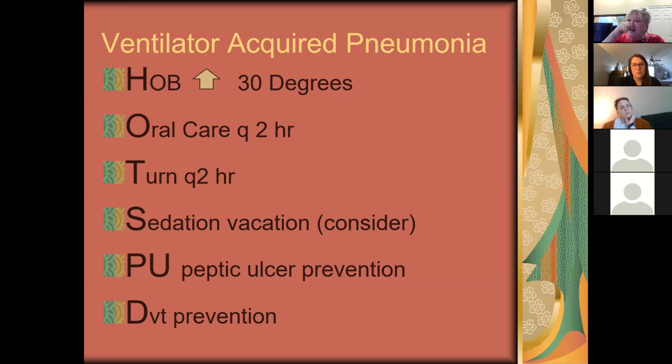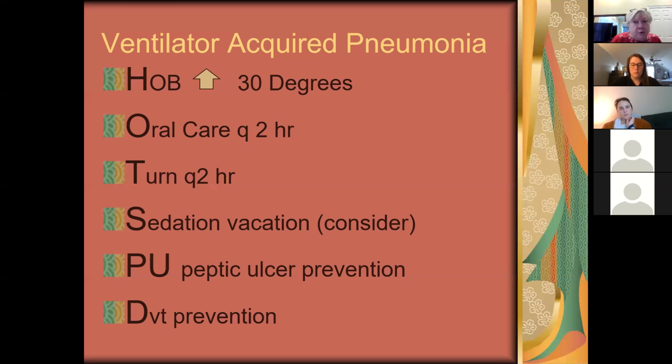And then between the hours, it has the little foam pads. So there's a very specific oral care that is done every 2 hours. Poor oral care has been one of the highest things shown to contribute to ventilator-acquired pneumonia. Oral care every 2 hours with the chlorhexidine.